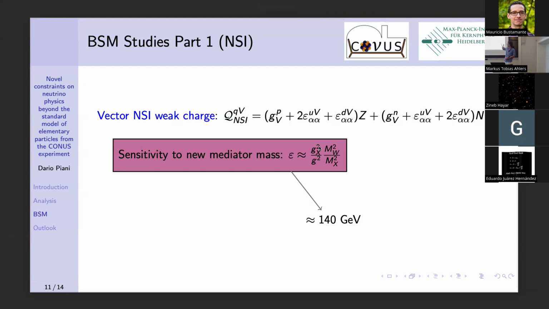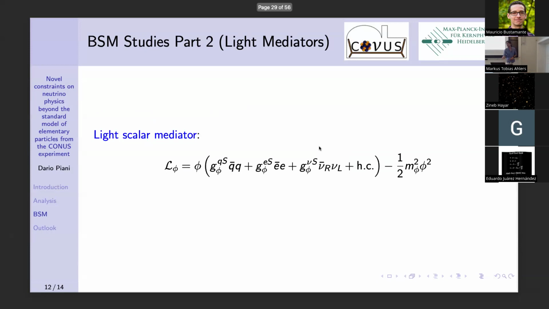And through the estimation of a limit on epsilon, we could also estimate the sensitivity to this new mediator. And what we get is around 140 GeV, which, considering that the experiment has neutrinos of the order of a few MeV, is quite impressive, I think.